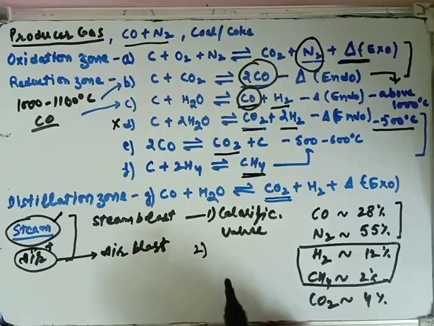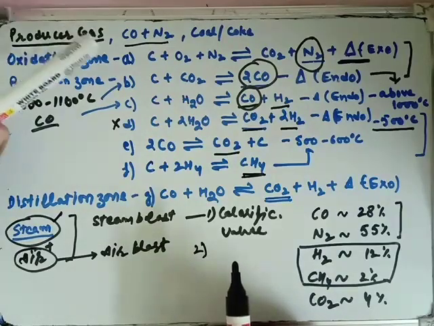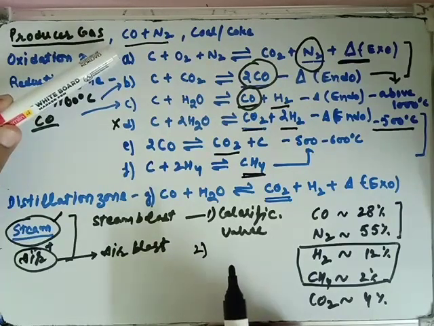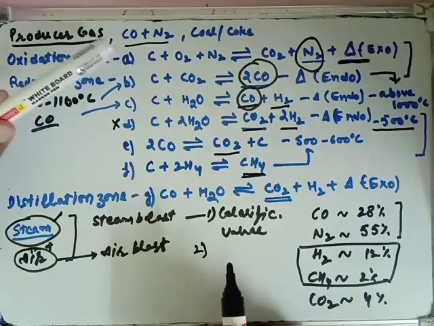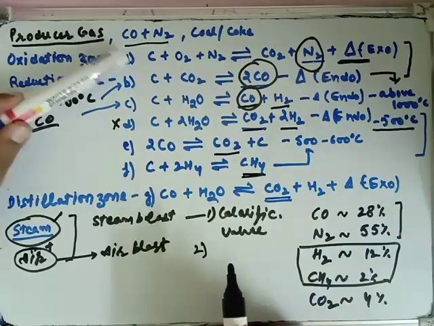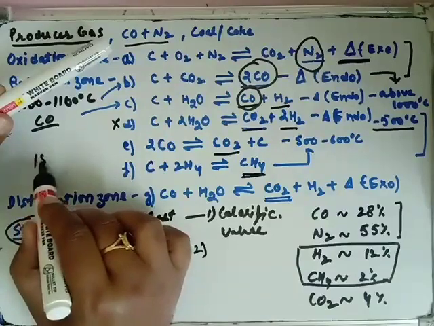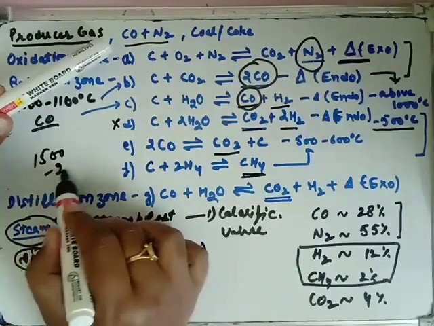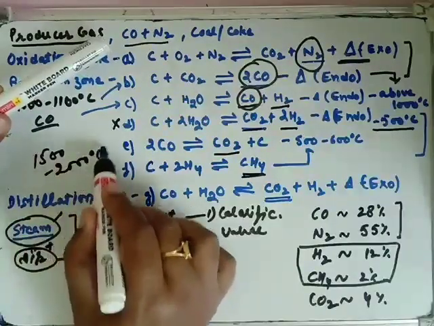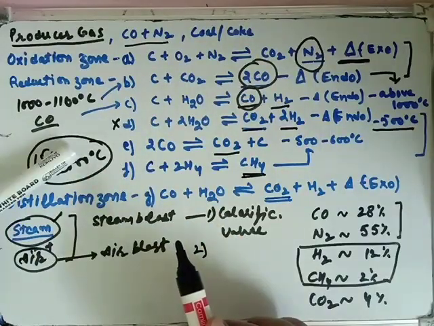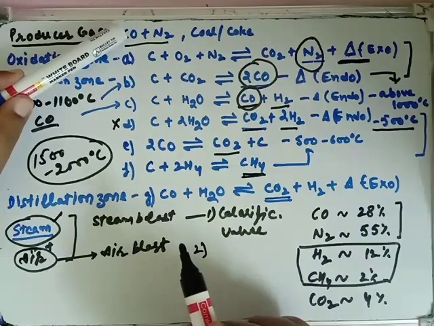The second thing is that, as I told you, reaction A is happening in the oxidation zone. The oxidation zone is the lowest zone. It increases the temperature of the system, and this reaction may increase the temperature up to 1500 to 2000 degrees Celsius, right? And we do not require this much temperature for the synthesis of producer gas.